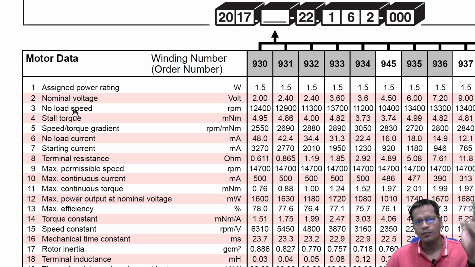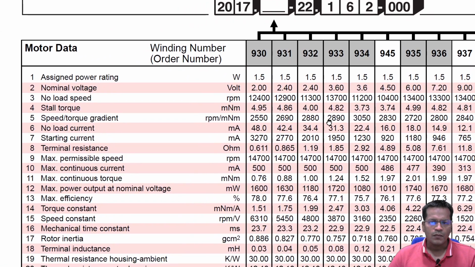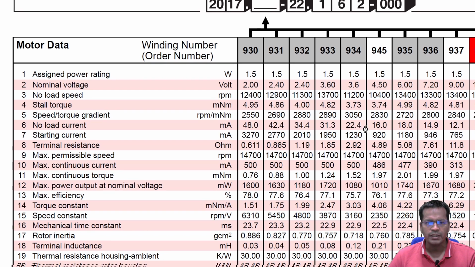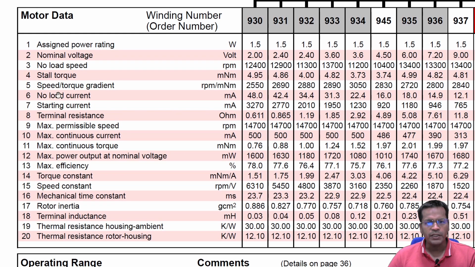When you offload your motor totally, you will see this much speed reflected in your motor. Stall torque: when you stop the shaft, this is the maximum torque that the motor can generate. Speed and torque gradient is the slope of that particular curve.